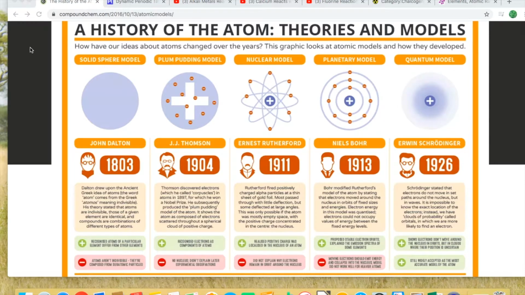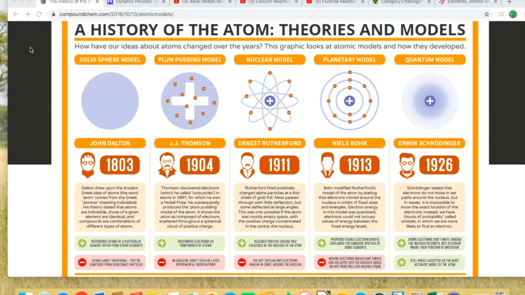A lot of the fundamental ideas that we understand as part of modern chemistry, John Dalton had, but an understanding of what went on within an atom was not part of his theory.